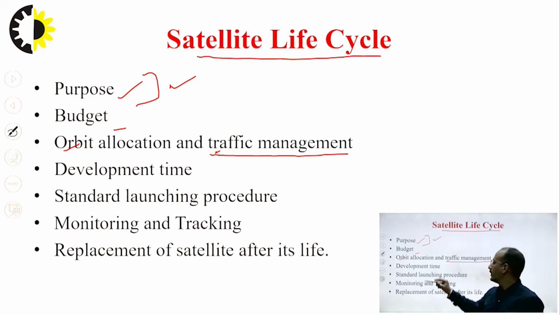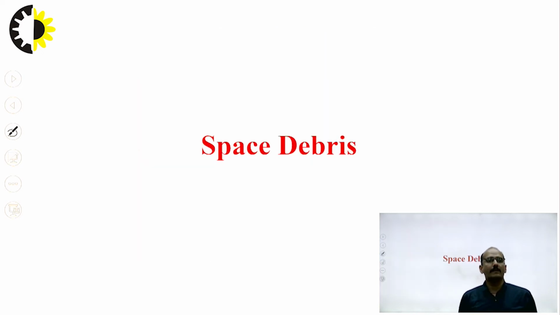Before that, orbital allocation. As you know, from the start of satellite communication in 1957 with Sputnik, right now there are thousands of satellites located in the Earth's outer atmosphere, and all these satellites are creating a very bulky environment.